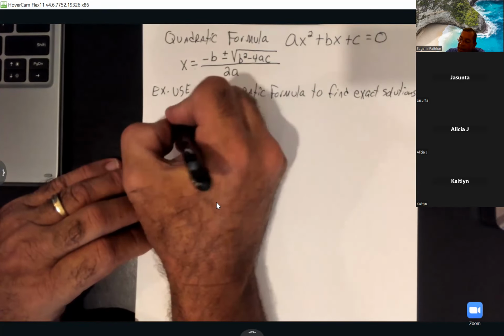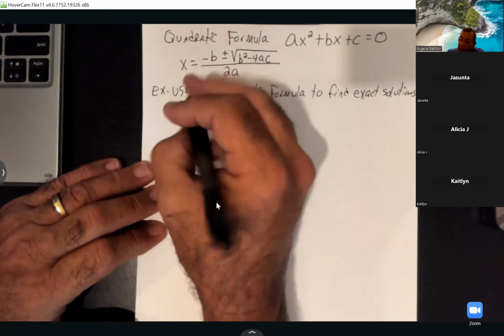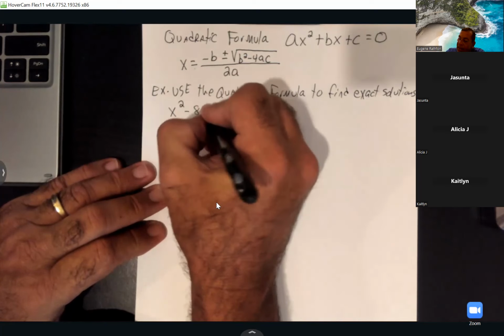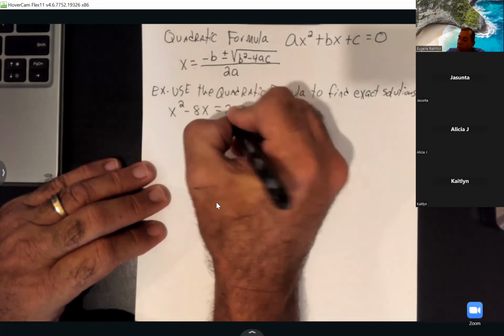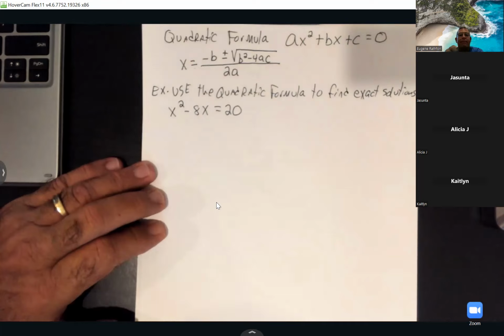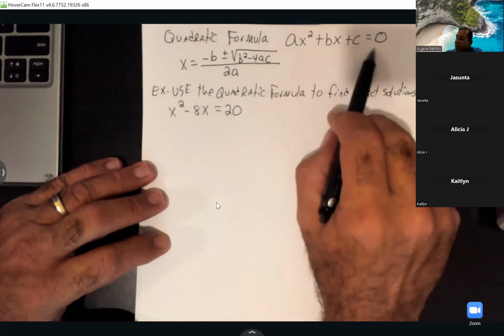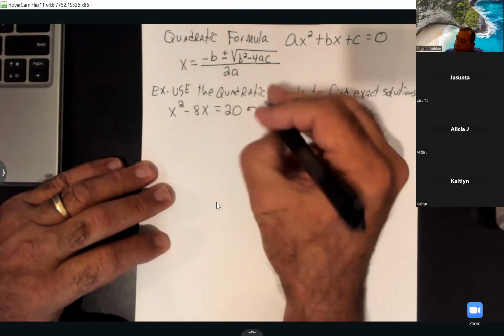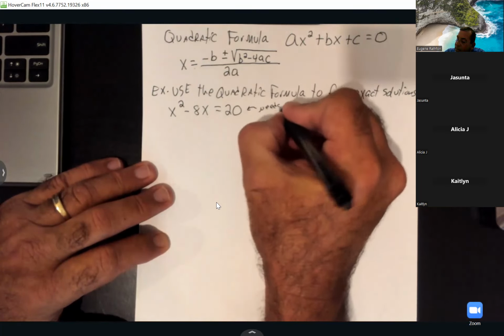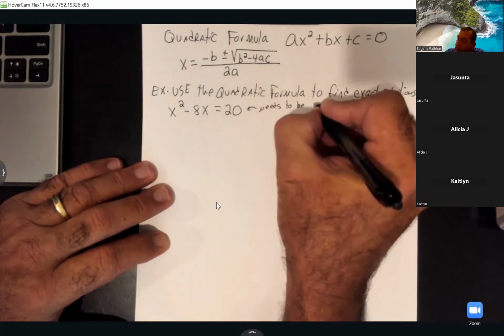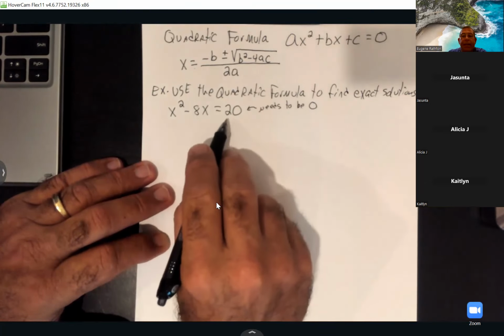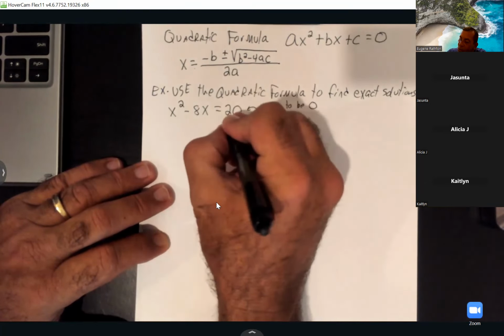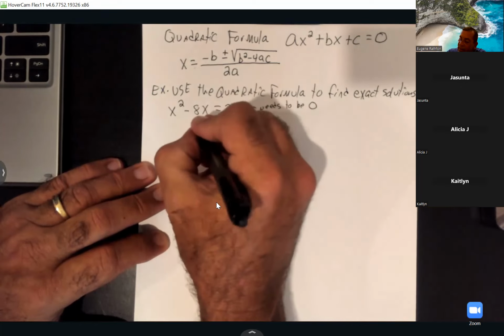All right, so I got it. X squared minus 8x equals 20. So y'all, the first thing, remember, I got to have a 0 on the right side. So that 20 needs to be 0. So to turn that into a 0, I need to subtract 20 from both sides.